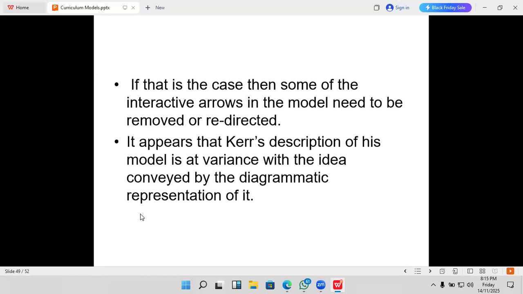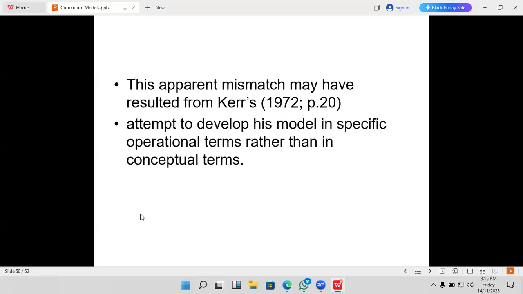The critics say that he has connected the different components for simple reasons, which is not necessary or important.